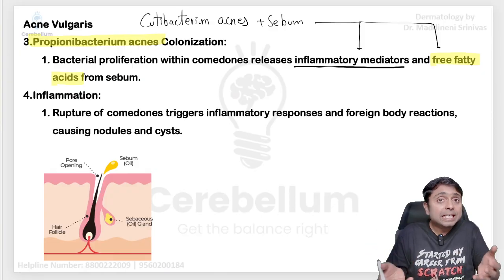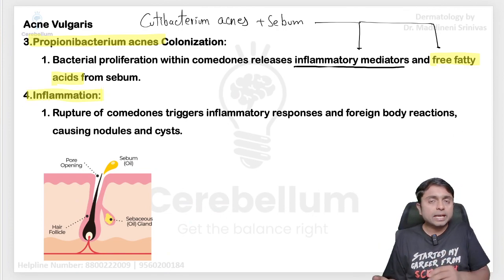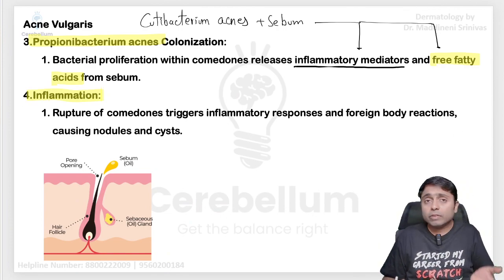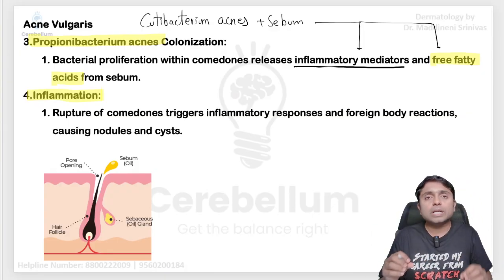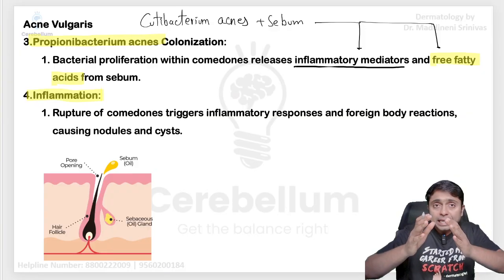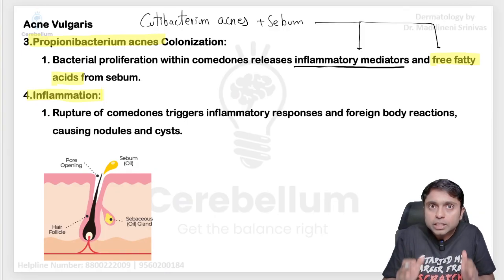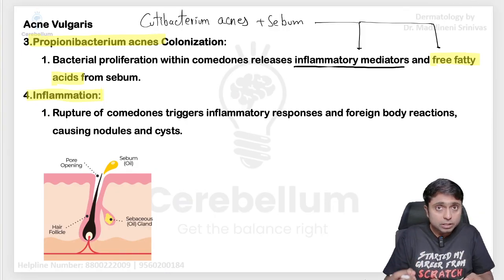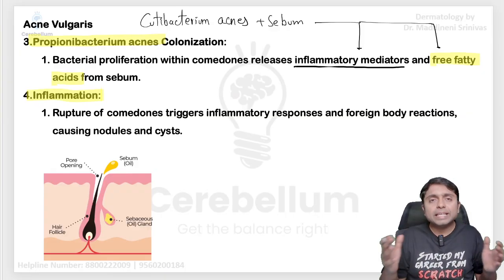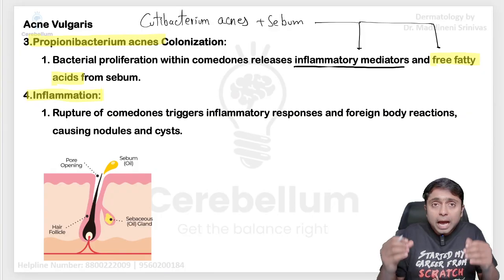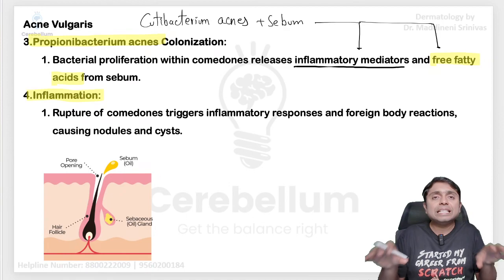Next step is the inflammation. So when all these inflammatory free fatty acids are increasing and this bacterium is hyperproliferating, inflammatory mediators are produced, and all this is going to produce retention of the contents inside this pilosebaceous unit and hair follicle, because of which there is going to be bulging of the pilosebaceous unit hair follicle, and ultimately it will yield and rupture, and all the contents are going to be present inside the skin itself.